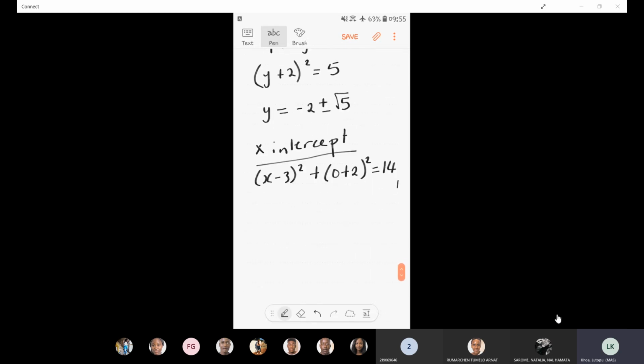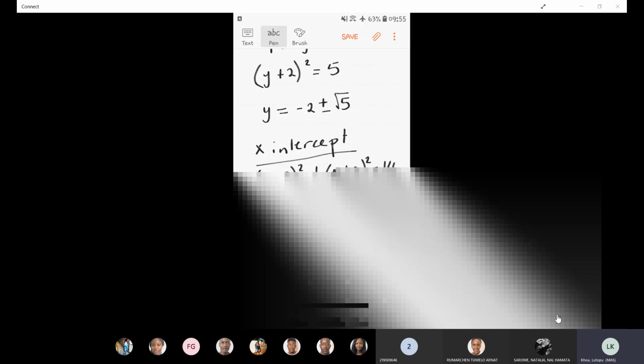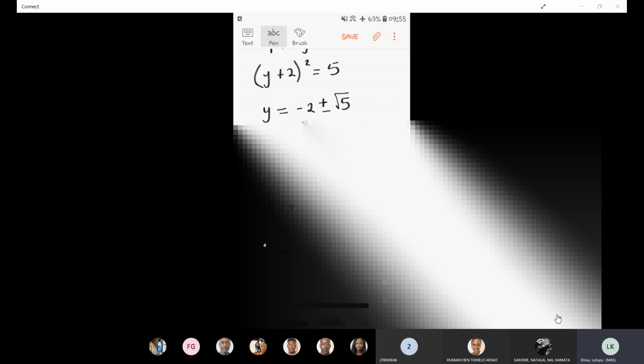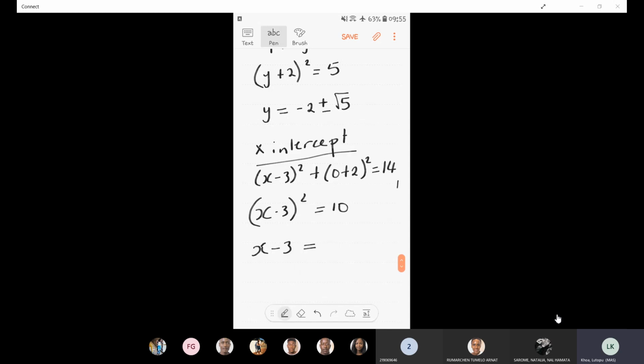Then you solve this. This is x minus 3 squared, and this is equal to 14 minus 2 squared, that is 4, which is 10. Then x minus 3 is equal to plus or minus the square root of 10.